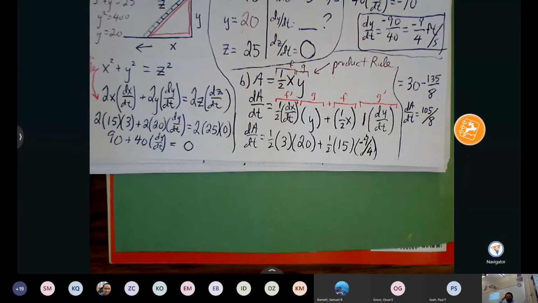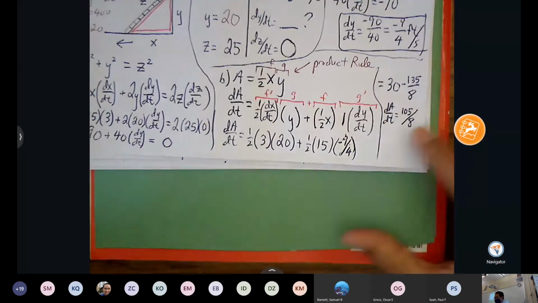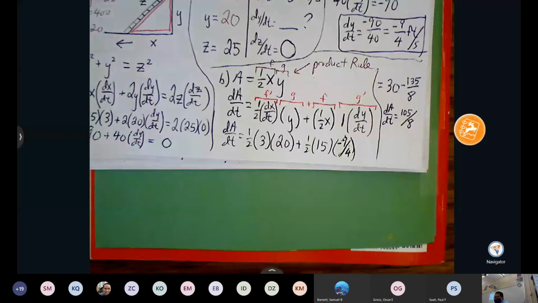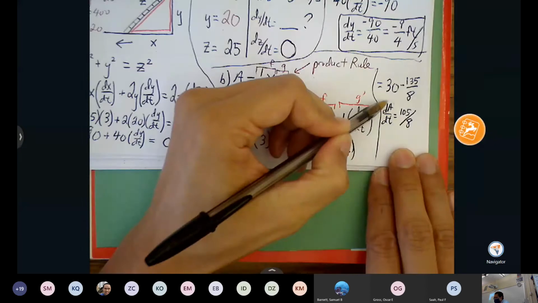So the next piece that we have to figure out is our unit of measure. What's the unit of measure for dA over dt? Okay, so let's think area.